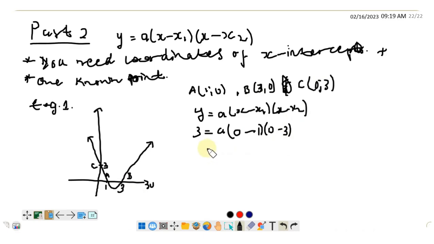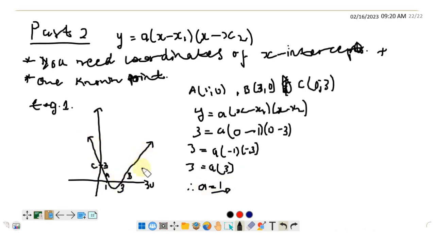So from here, 3 equals a. Remember, the graph is looking up, so we expect a to be positive. 0 minus 1 is negative 1, 0 minus 3 is negative 3, so 3 equals a. Negative 1 multiplied by negative 3 is 3. Divide both sides by 3. Therefore, a equals 1, positive.